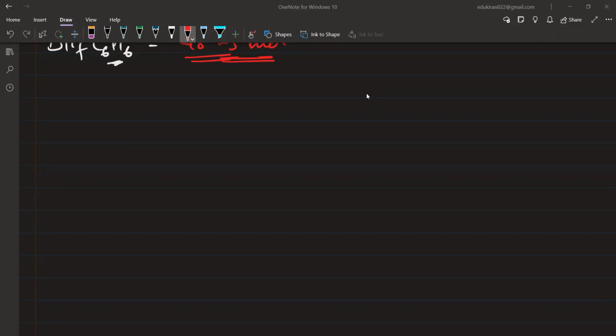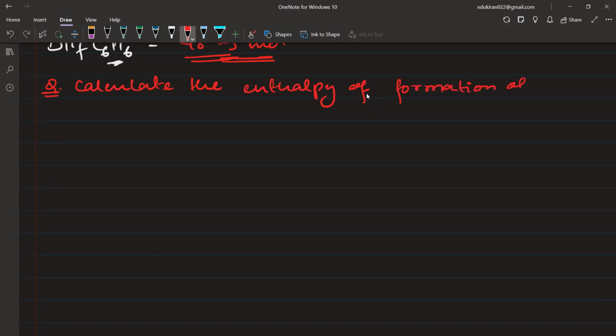Write another question. Different type of question. Calculate the enthalpy of formation of ethane from the following data.